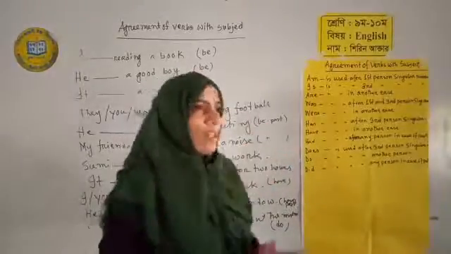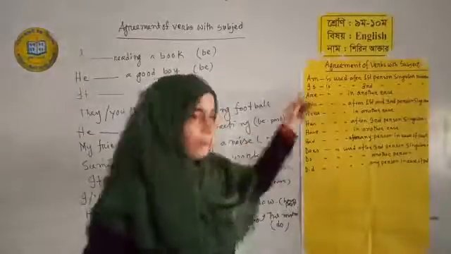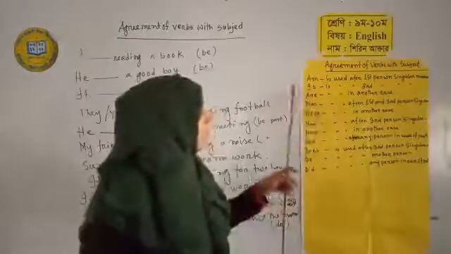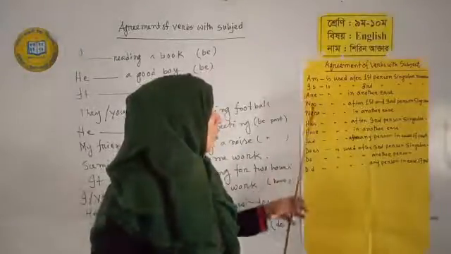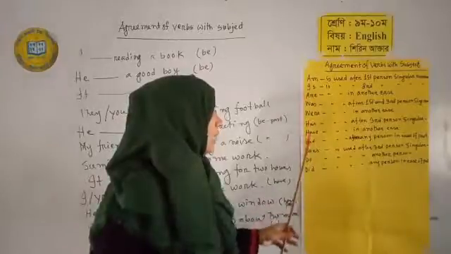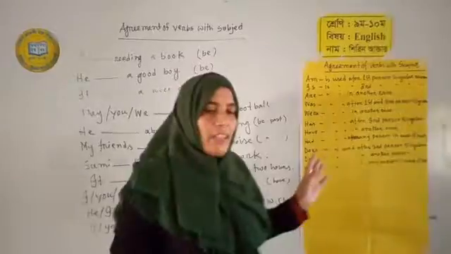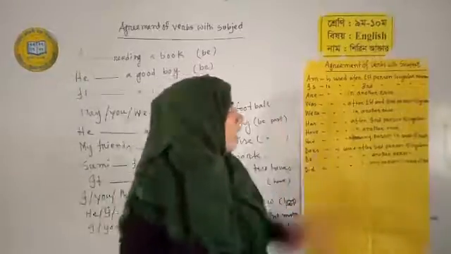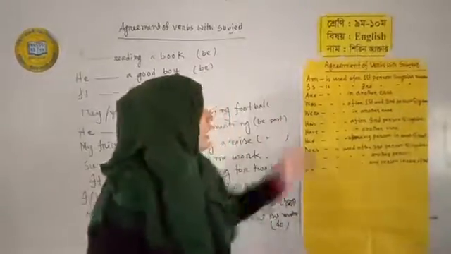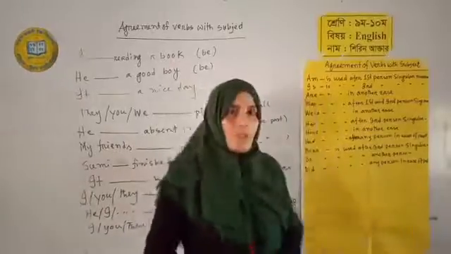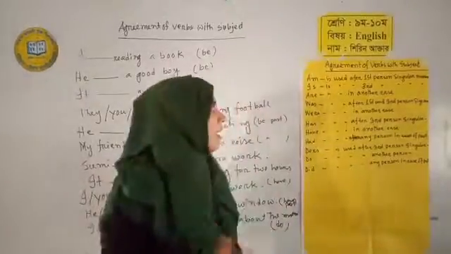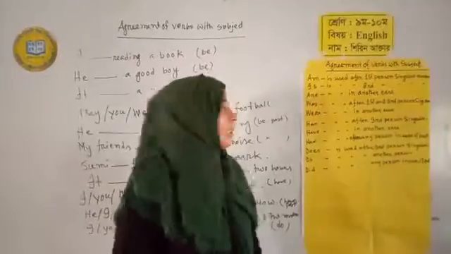Here we have some auxiliary verbs that are am, is, are, was, were, has, have, had, does, do, did, etc. These auxiliary verbs are used according to the number and person of the subject, and I am discussing about that.